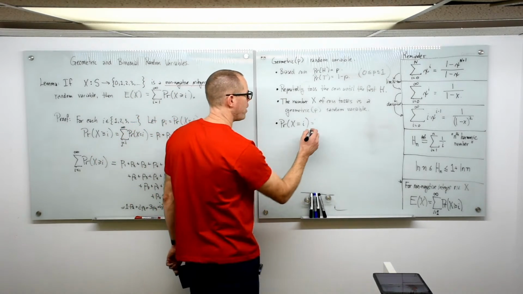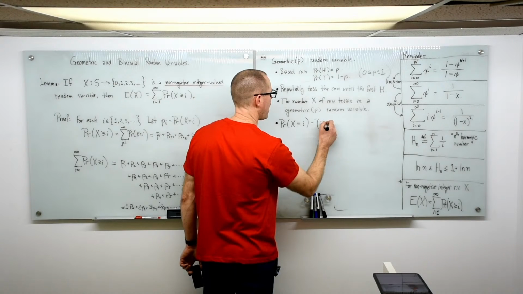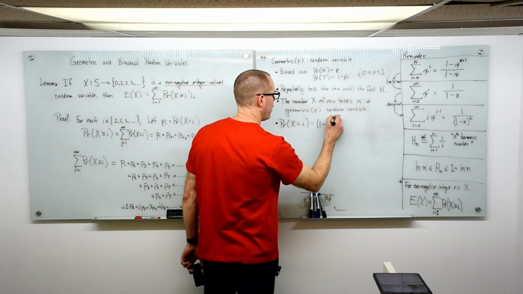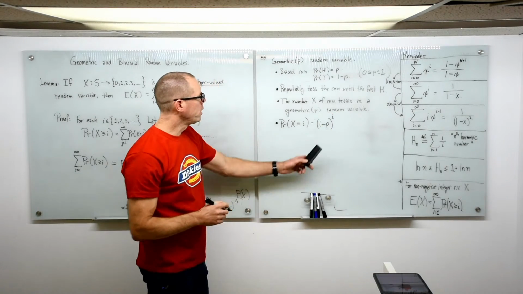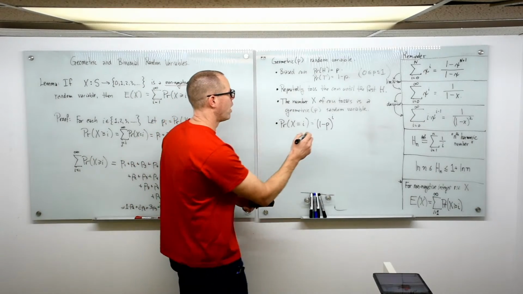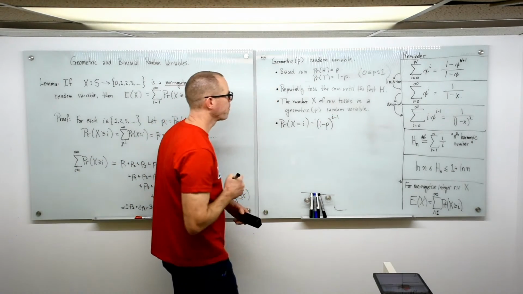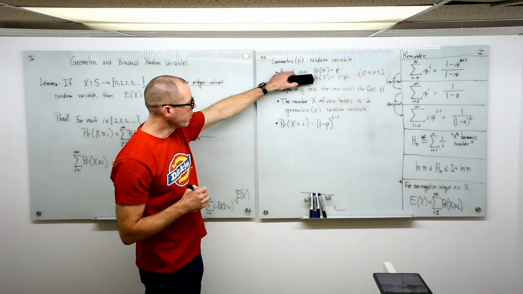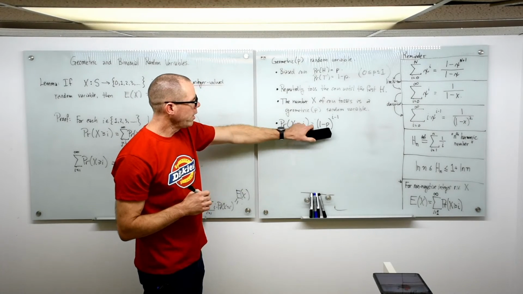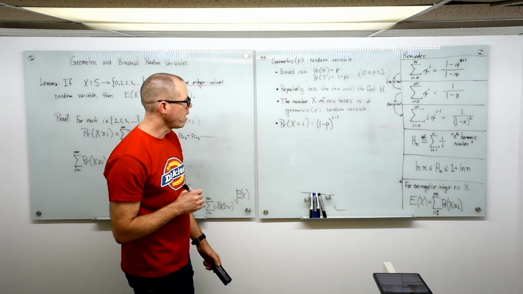So the first i-1 of them have to come up tails, and so that happens with probability 1 minus p to the i-1. The probability of one of them coming up tails is 1 minus p, and it has to happen i-1 times.